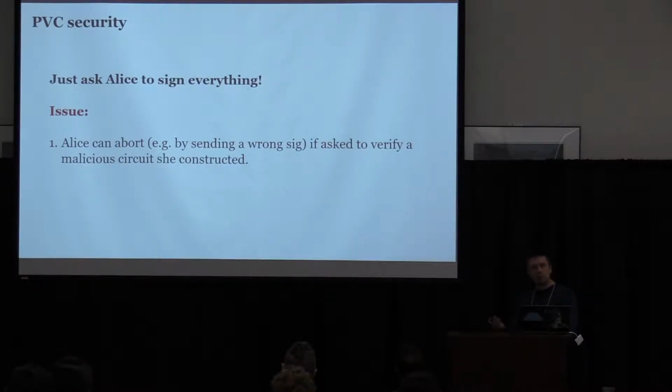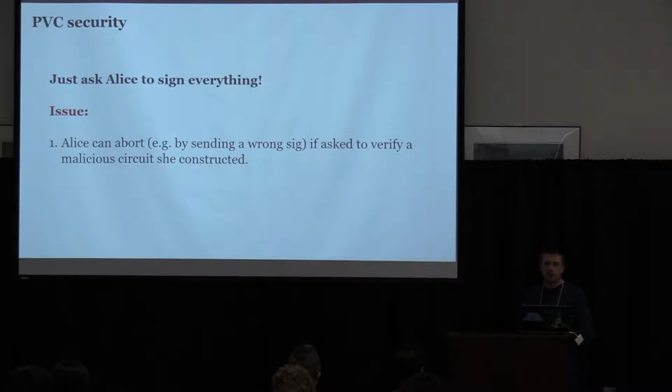Then Bob will not have signed conflicting messages. So straightforwardly, you cannot just ask Alice to sign everything; you will not achieve public verifiability this way. You're saying soliciting a response is not valid? Yes, yes.